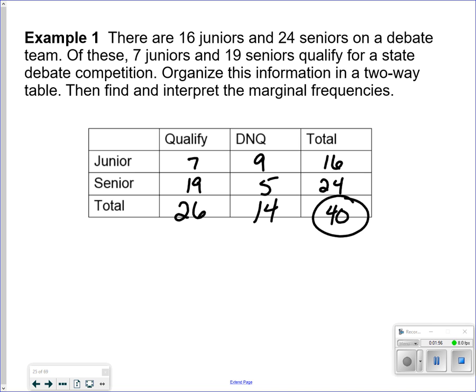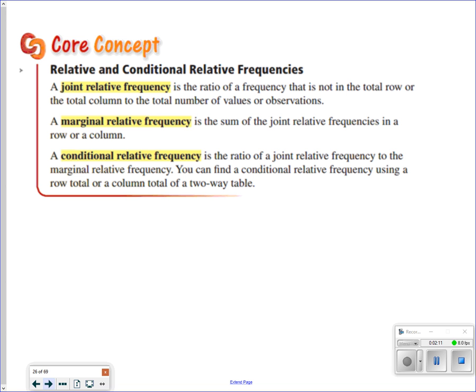And then you can ask a lot of questions. When you have this type of information, you can start doing the probability that a junior qualified. So again, these types of tables lead into more probability questions that go along with a two-way table. Joint relative frequency is the ratio of a frequency that is not in the total row or the total column to the total number.